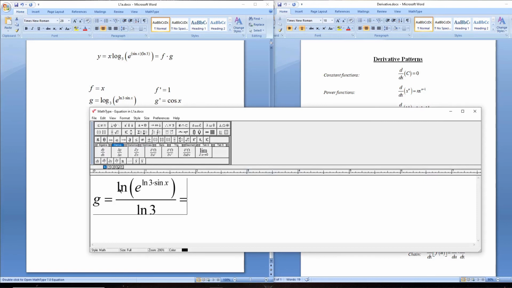Because now we have log of E. And if you further remember your log properties and exponential functions, the natural log of E is just the exponent then. And then here's our denominator.